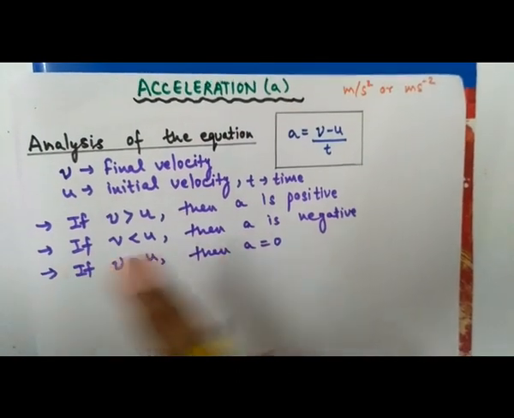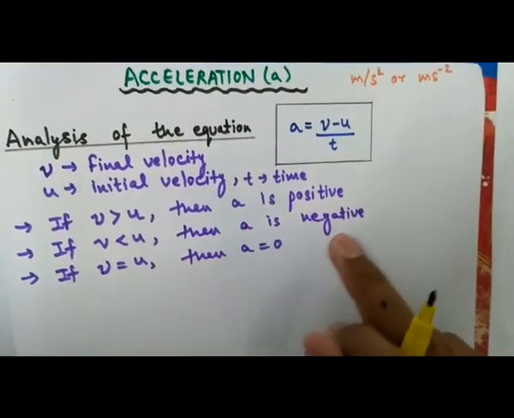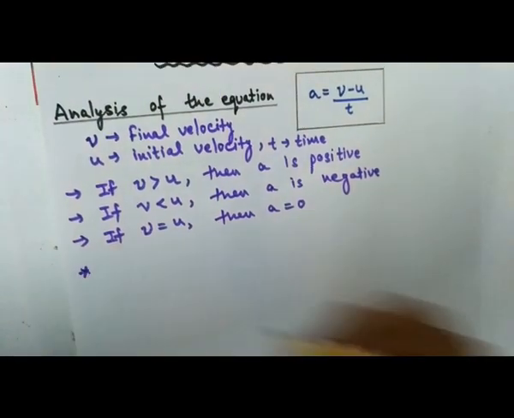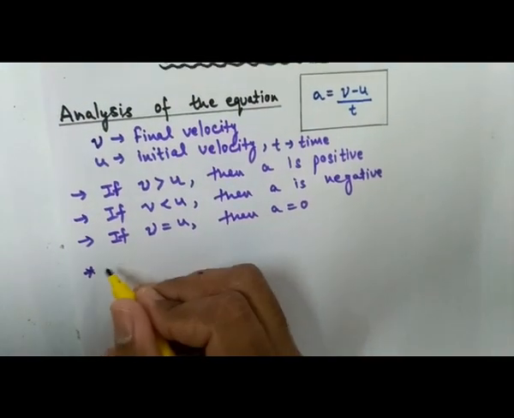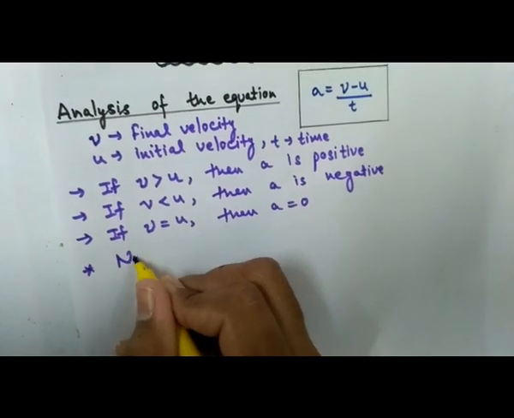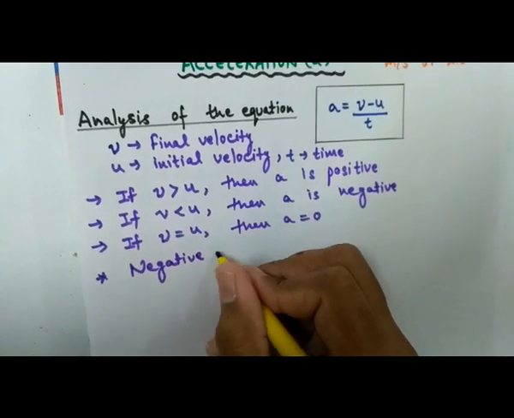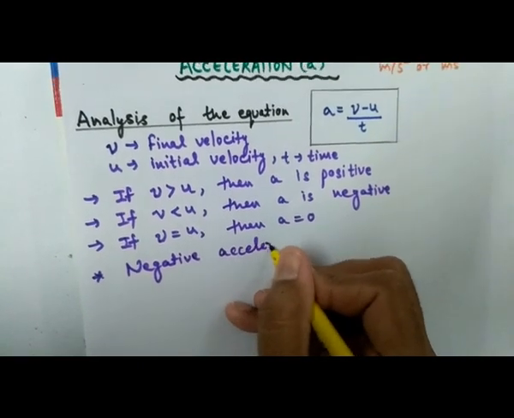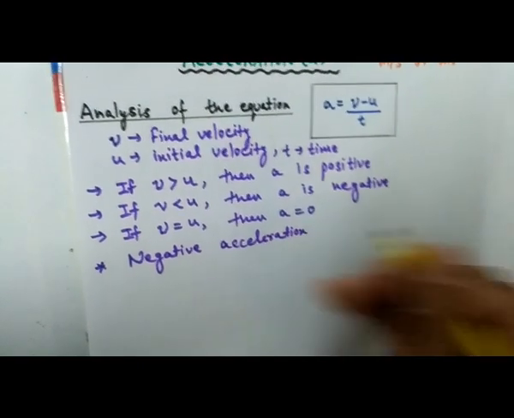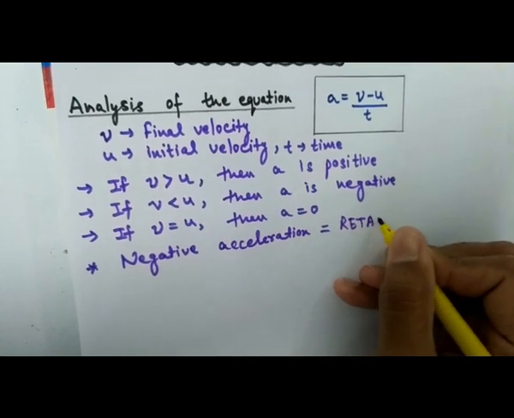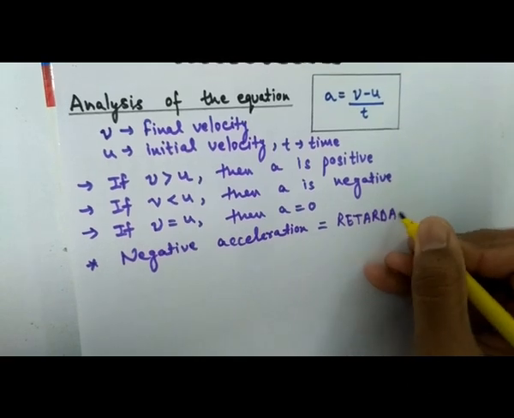Now, see, in the second case, a was coming negative. There is an important note that says negative acceleration is also known as retardation.